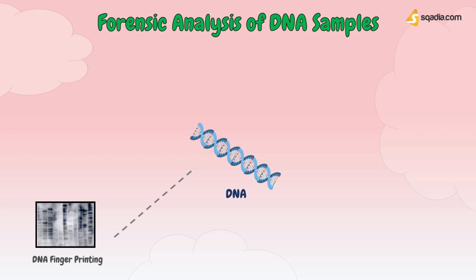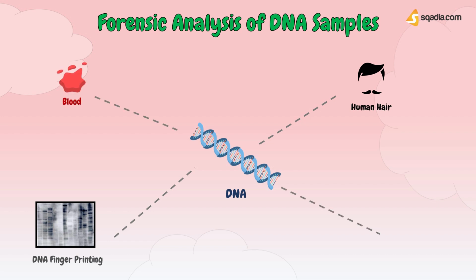The deoxyribonucleic acid markers analyzed for such fingerprinting are most commonly a type of polymorphism known as short tandem repeats. Deoxyribonucleic acid isolated from a single human hair, a tiny spot of blood, or a sample of semen is sufficient to determine whether the sample comes from a specific individual.